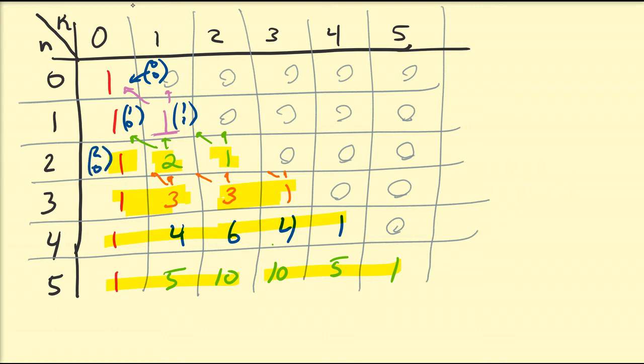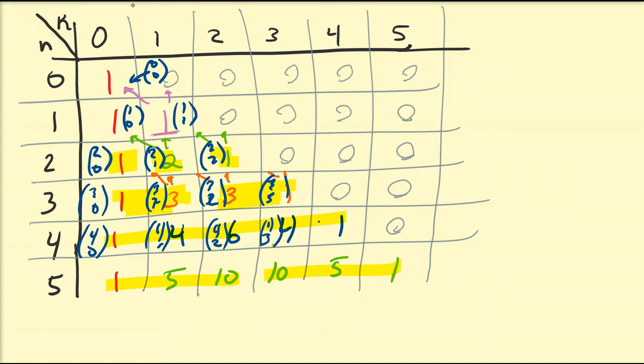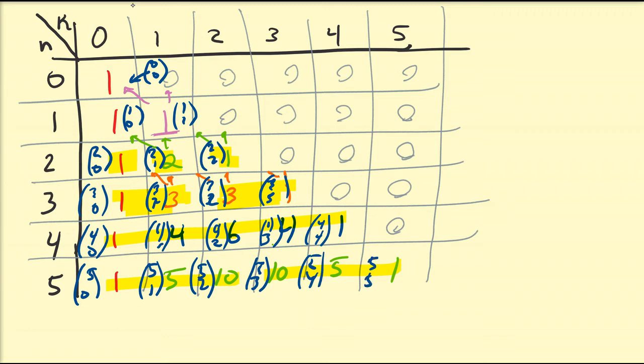This is 2 choose 0. 2 choose 1. 2 choose 2. 3 choose 0, 3 choose 1, 3 choose 2, then 3 choose 3. And then 4 choose 0, 4 choose 1, 4 choose 2, 4 choose 3, and 4 choose 4. And then finally 5 choose 0, 5 choose 1, 5 choose 2, 5 choose 3, 5 choose 4, and 5 choose 5.